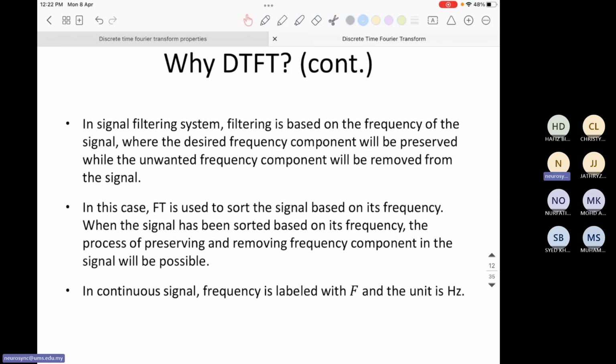This is the filtering process, and this is where the Fourier transform is applied. Fourier transform is used to sort the signal based on frequency. When the signal has been sorted by its frequency, preserving and removing frequency components in the signal becomes possible.